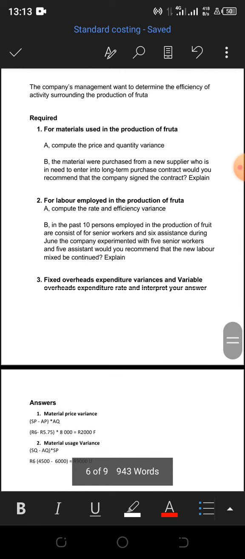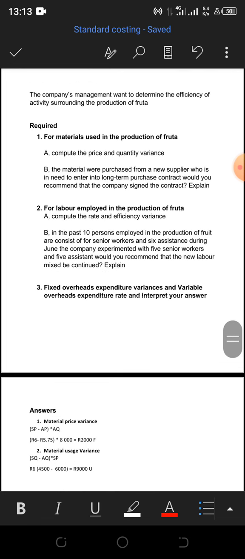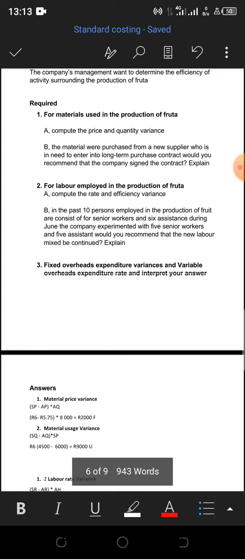Then now the question is, number 2b. In the past, 10 employees were employed in the production of fruit, consisting of 4 senior workers and 6 assistants during June.